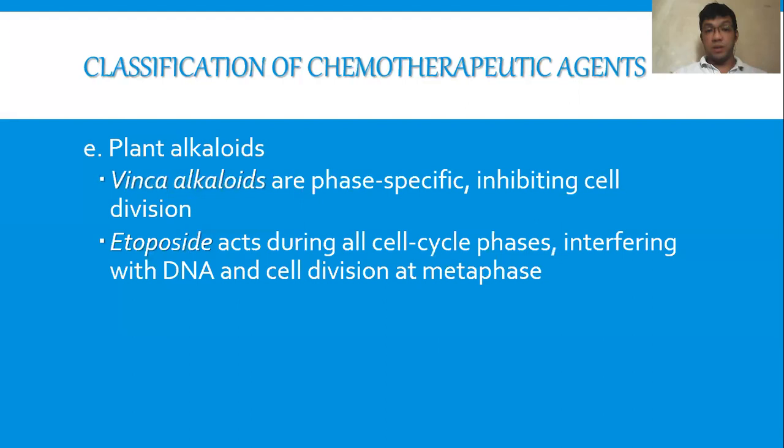Example would be etoposide. They act during all cell cycle phases, interfering with DNA and cell division, most specifically at the metaphase. Remember, the description of our metaphase is where all the chromosomes are aligned at the center of the cell. So it helps cell division specifically at that phase of mitosis.